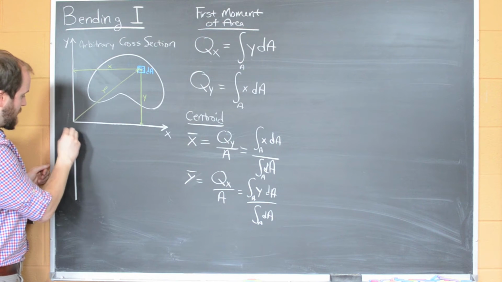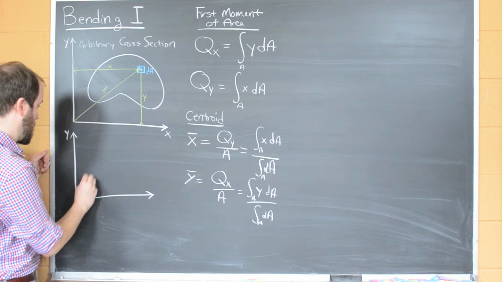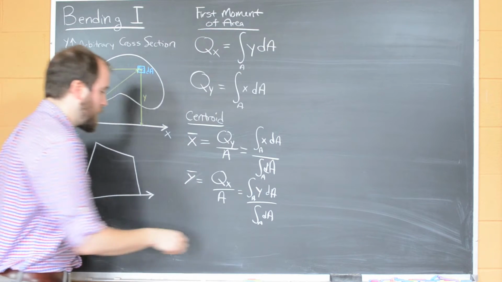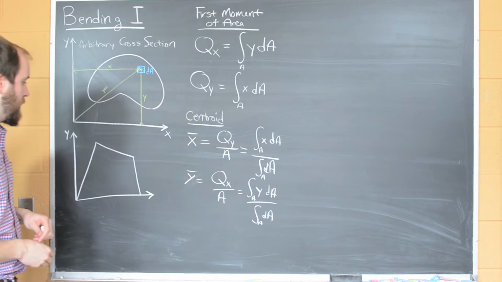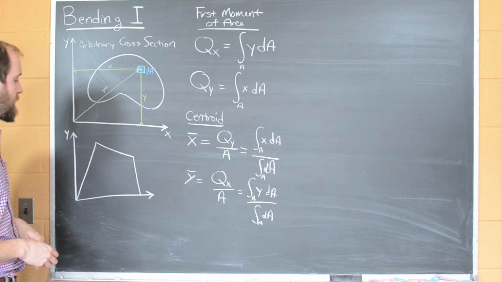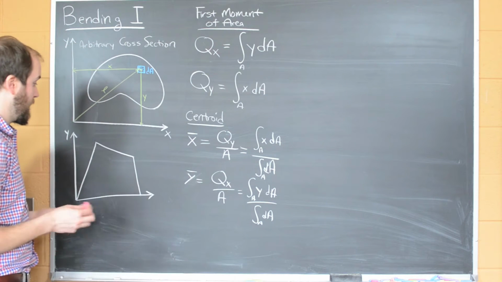If we had something that looks like, say, this, what we could do to calculate this cross-section is instead of dealing with an integral, we could deal with splitting this up into some known shapes that it's easy to calculate the area of and the centroid of.